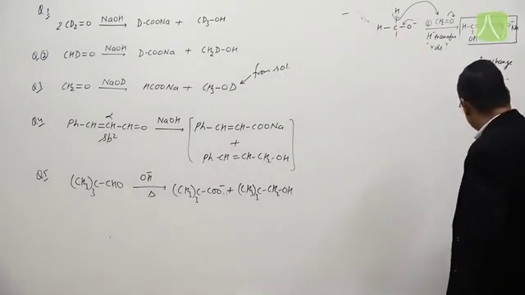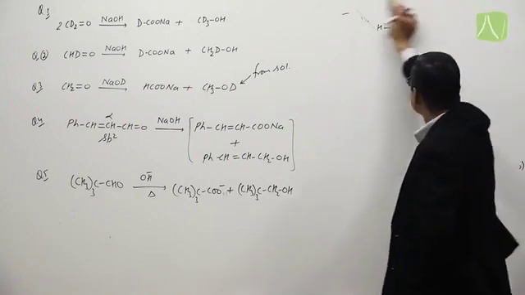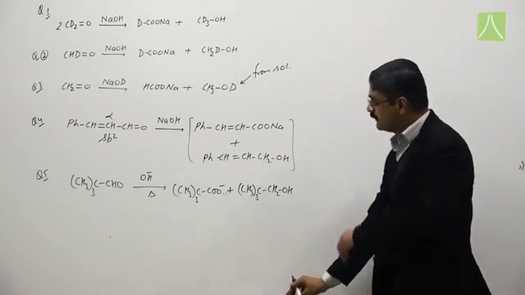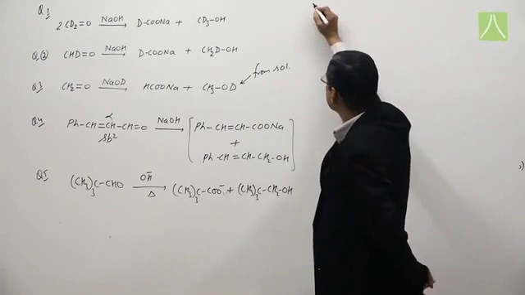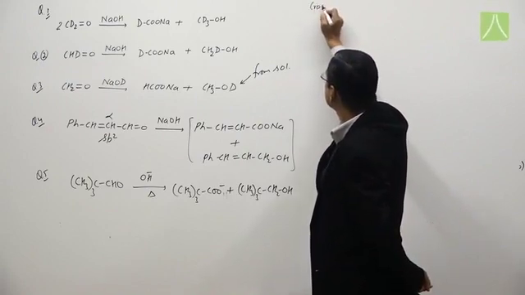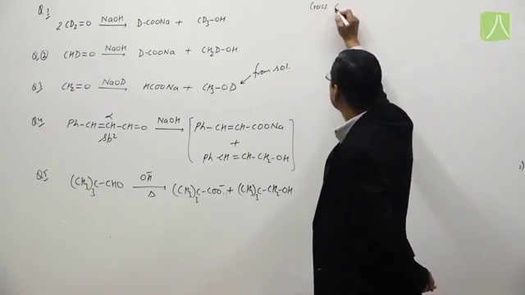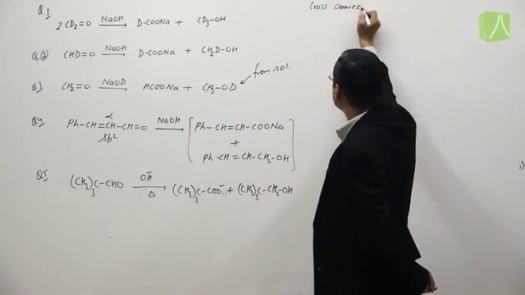These are the self or intermolecular Cannizzaro reactions. Now the second is cross Cannizzaro reaction.